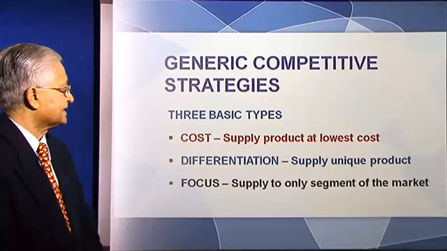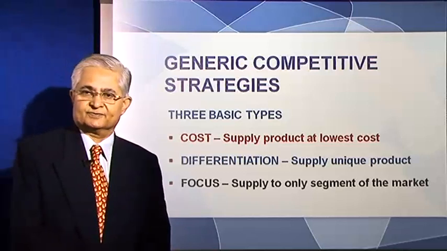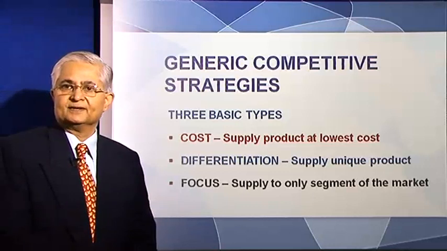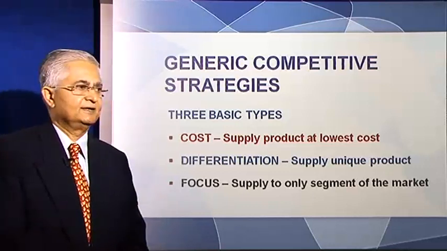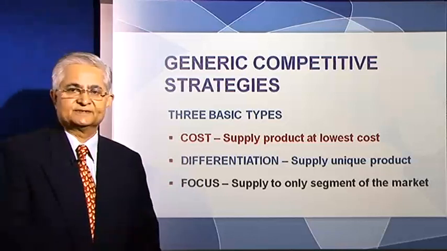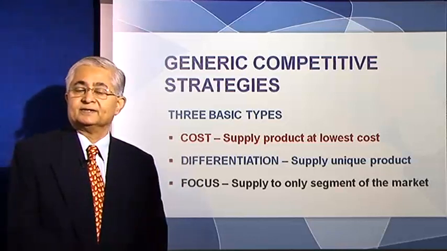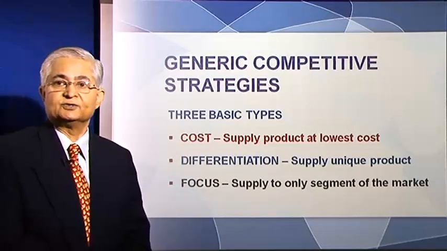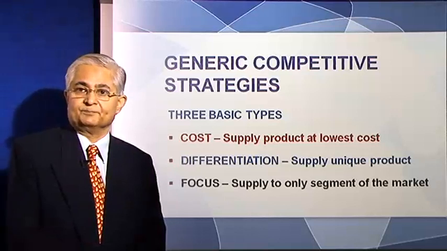Now, let's take an example of differentiation. Take Hindustan Lever. Now, if you look at Hindustan Lever's products, take a product like Dove soaps, right? Now, Dove soaps was the first soap to start using moisturizing cream.